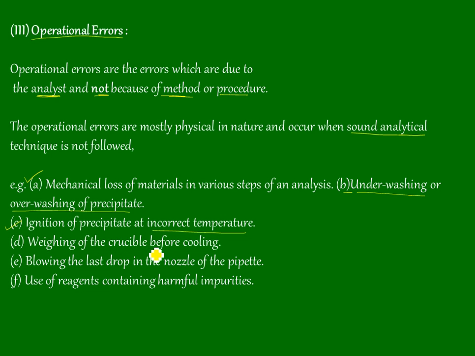Weighing of the crucible before cooling. So if you are performing a gravimetric analysis and you are igniting the precipitate in the crucible, and you are heating the crucible and weighing it before it gets cooled to the initial temperature at which you had weighed the empty crucible, in that case there will be a definite error in the weight that you get at the final measurement.